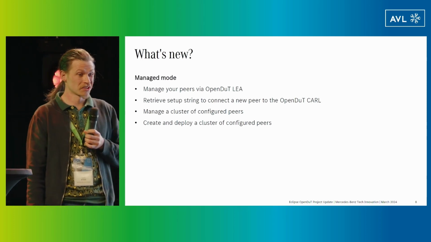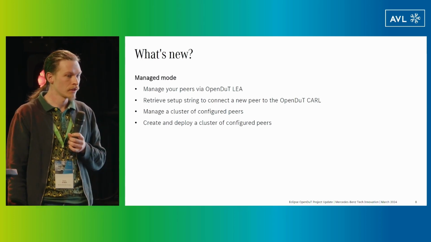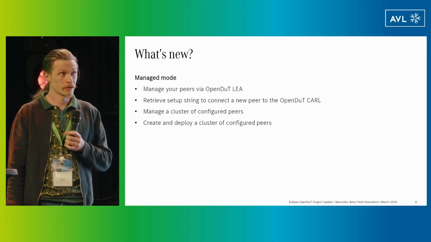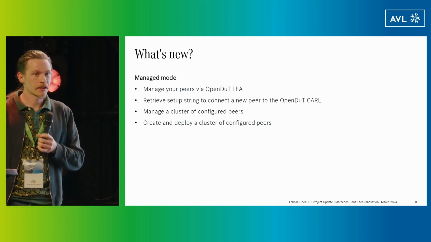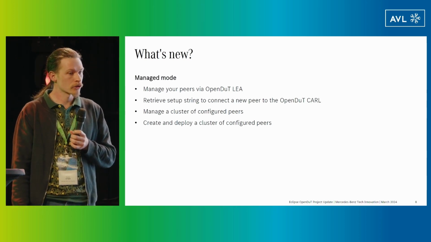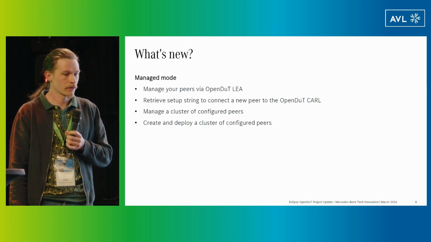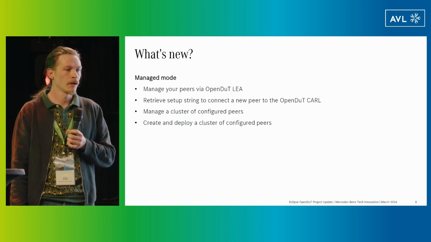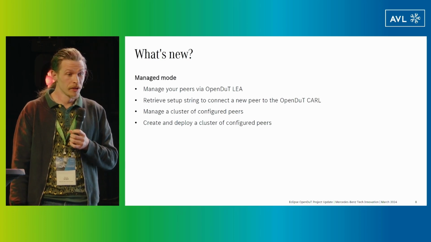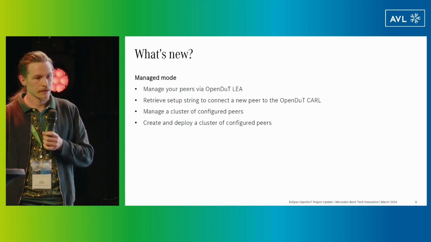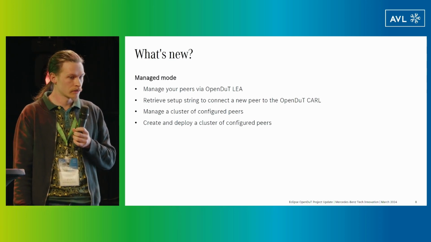So what's new since fall last year? We have moved from an initial setup where we had only EDGAR, to a managed mode where CARL provides the network and does all the communication necessary to set it up. You can add peers in our UI front end and retrieve a setup string and set up a new peer wherever it may live.